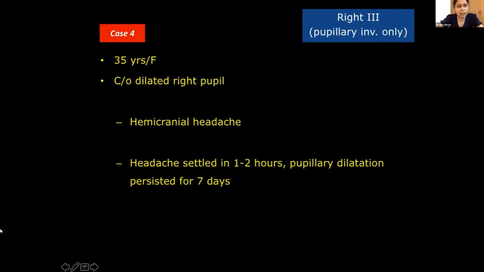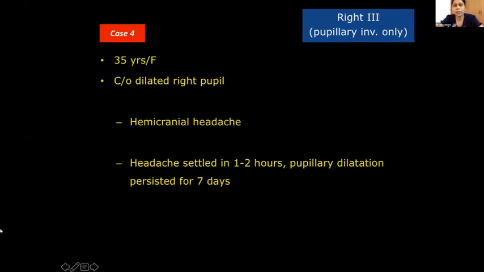In the last patient, we had only a dilated pupil, but with a history of hemicranial headache, and the patient had spontaneous resolution of pupillary dilatation that persisted only for 7 days. This is a classic case of ophthalmoplegic migraine, which usually involves a lesser age but can start at a later age, as in our patient.